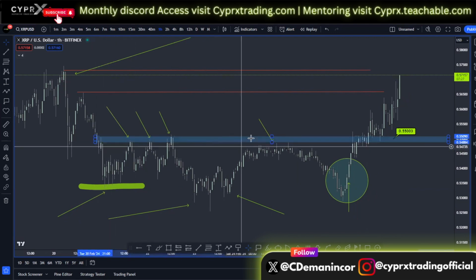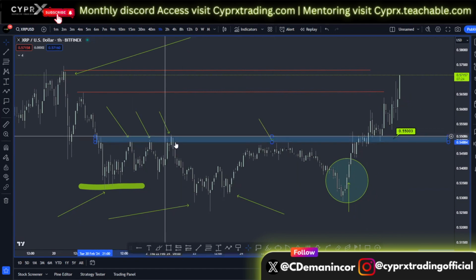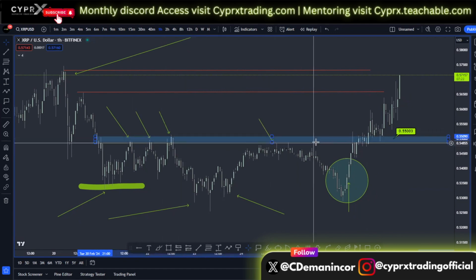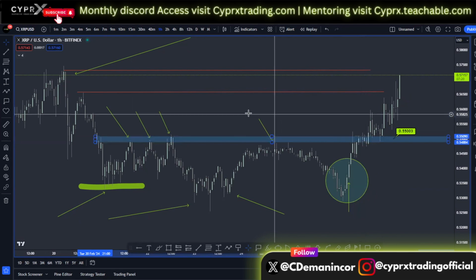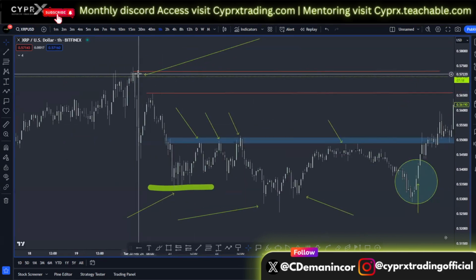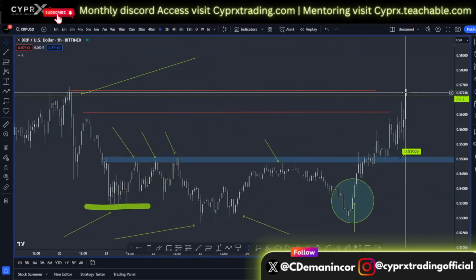I was seeing that predominant sellers existed in the market here in this area. And so if market demand could flip where previous sellers' interest existed, then that most likely meant that we were going to continue higher to target previous higher levels, i.e. market searching for a new premium.